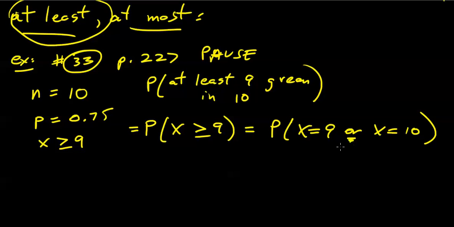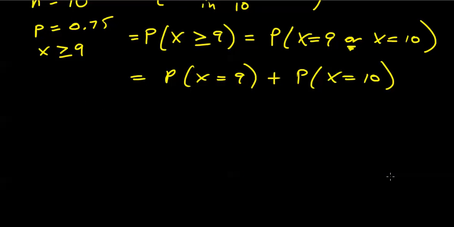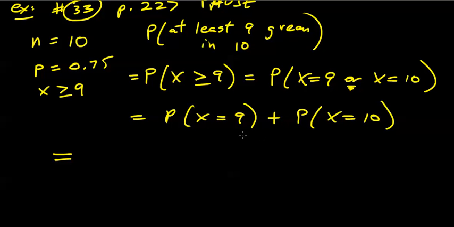Alright, again, when you're connecting things with an OR statement, remember the addition rule claims we can add these individual probabilities together. So I can say this is the probability that X is 9 plus the probability that X is 10. So all I have to do here really is use my binom PDF command twice to grind out these two values of probability for each of these cases. Essentially, I have to add up the 9 case and the 10 case.